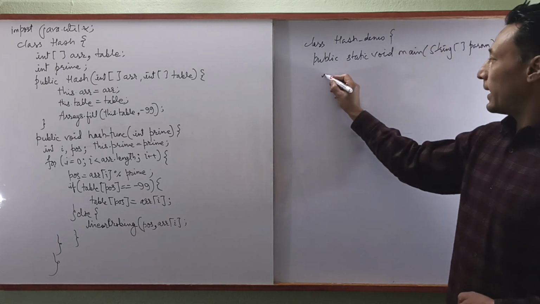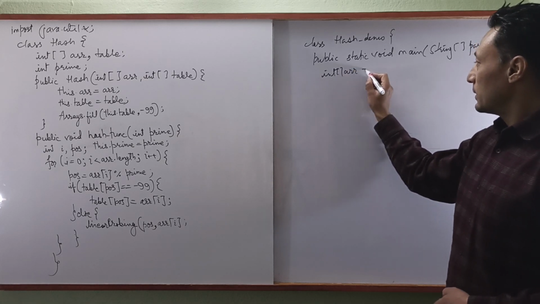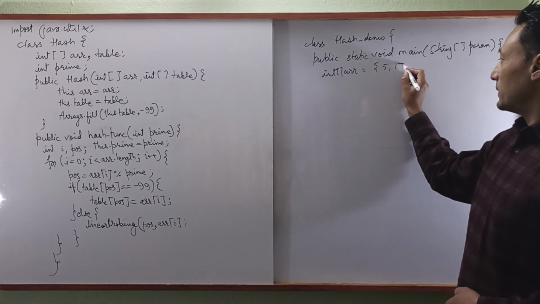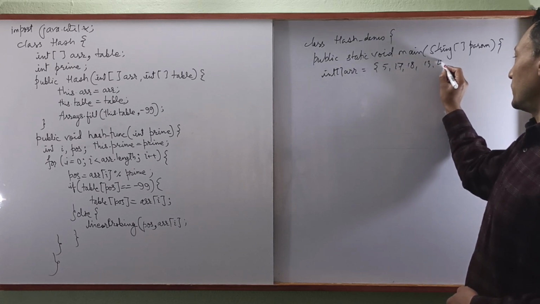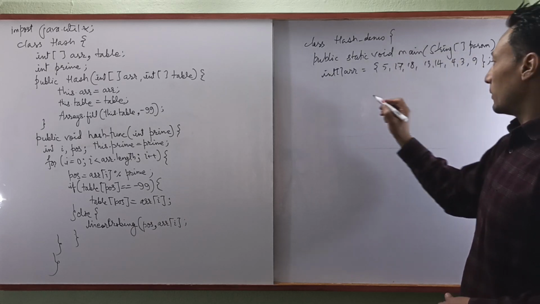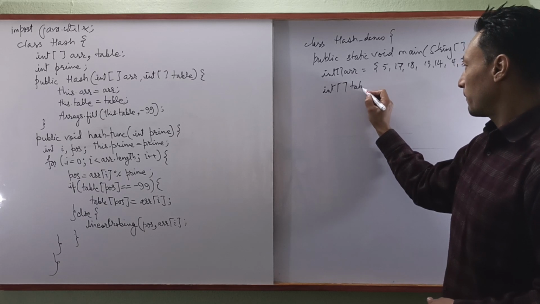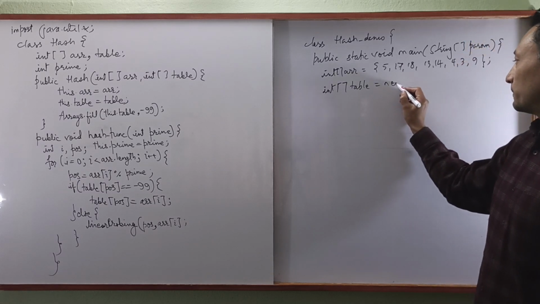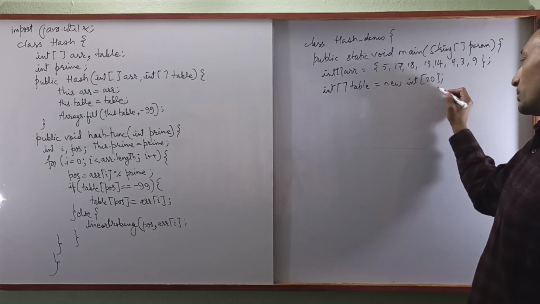Now let's declare the array: arr is equal to 5, 17, 18, 13, 14, 4 and so on. Now let's declare the table: new int of size 20, let's suppose 20.